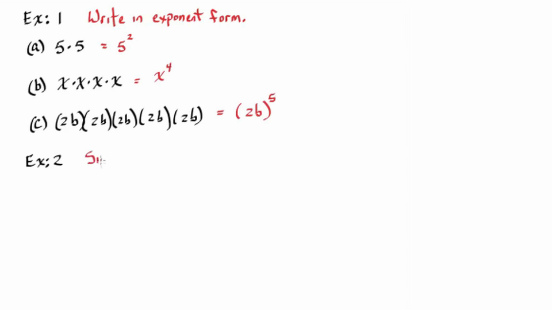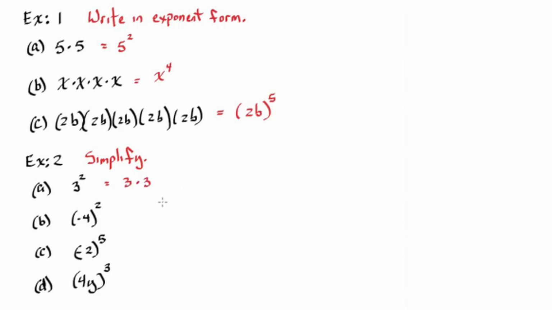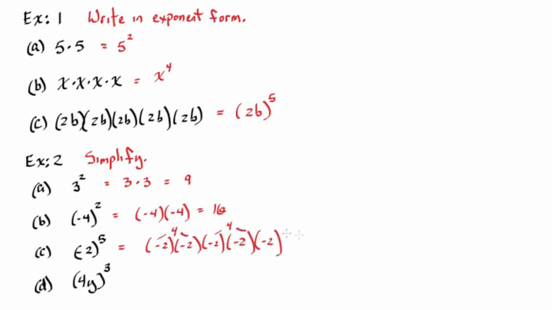Example 2, simplify. So all we're doing here is we're taking 3 to the 2nd and multiplying 3 times 3, which is 9. Negative 4 to the 2nd, which is negative 4 times negative 4, which is 16.